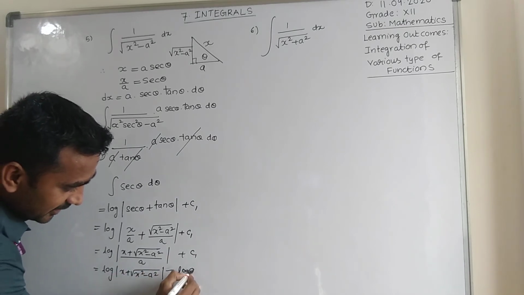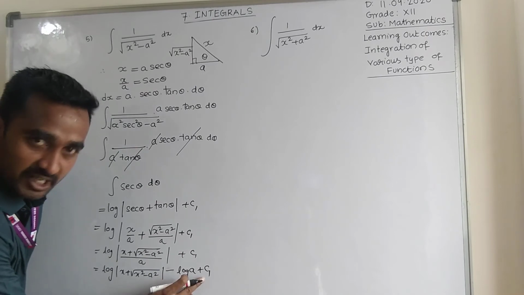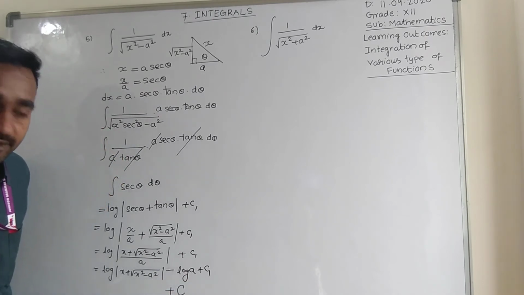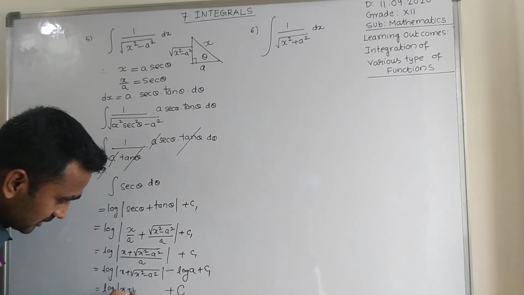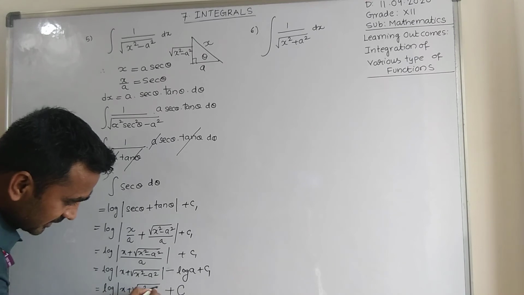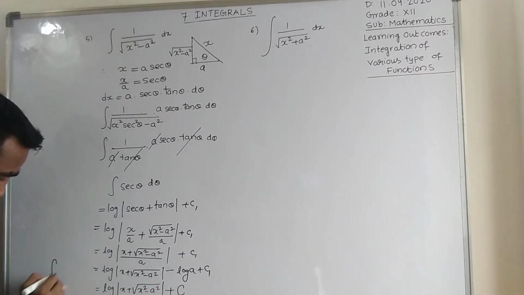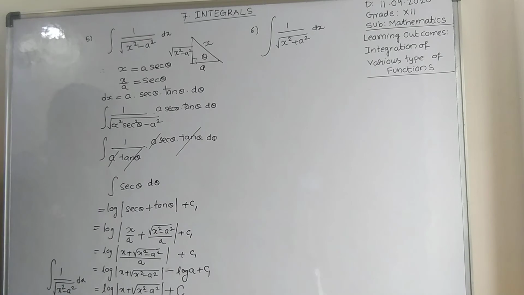What is b here? A plus c1. Students, this is constant, these two together you can replace with one constant c, and it is equal to logarithm of x plus root over x square minus a square. Okay, this is the integration of 1 upon root over x square minus a square dx.